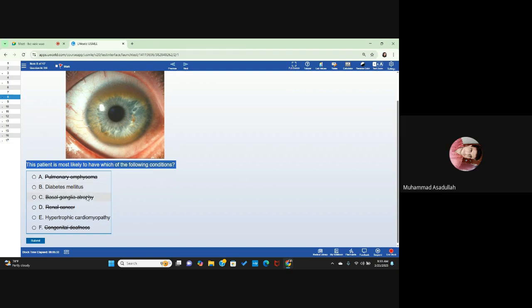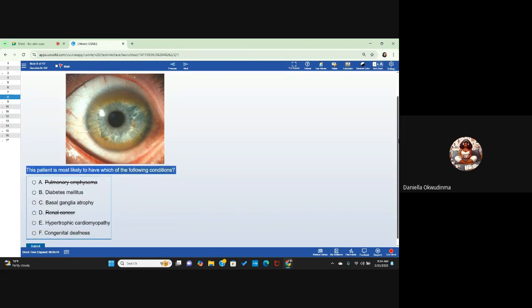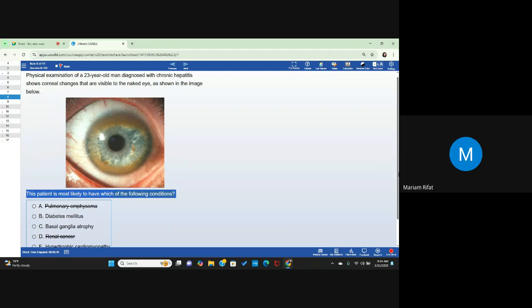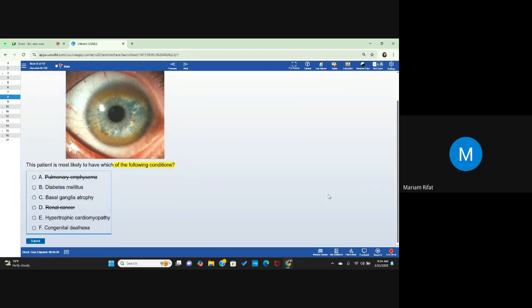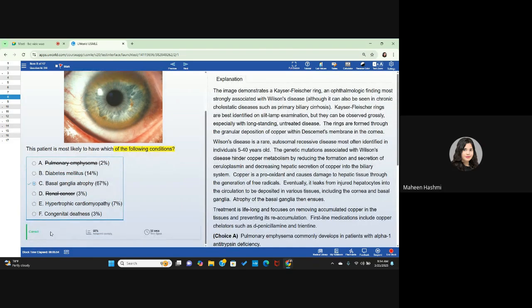Yes, basal ganglia atrophy. Why can it not be diabetes mellitus? It's associated with Wilson's, and it causes atrophy of the basal ganglia. Very good. So we know that Kayser-Fleischer rings mean Wilson's.